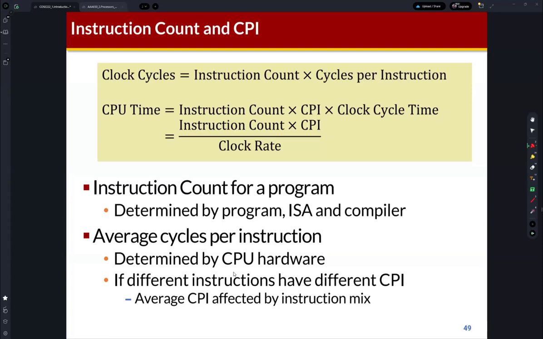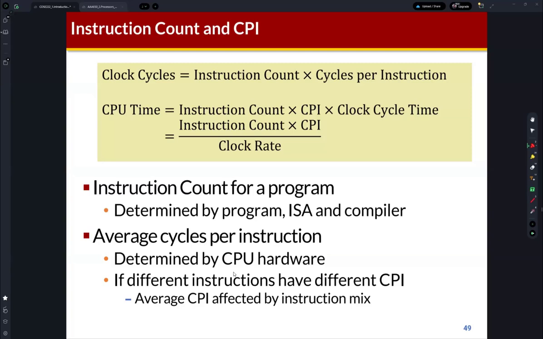We learned that we can measure the CPU time by counting CPU cycles, right? It is because the CPU is a digital system, and all digital systems work with a clock signal, right?